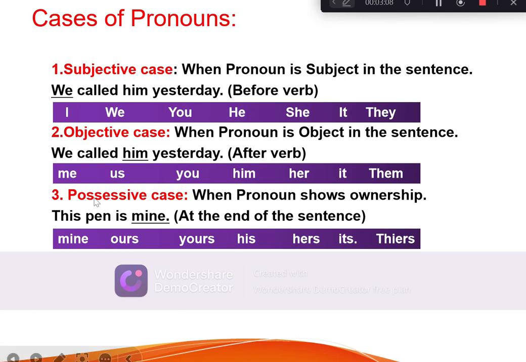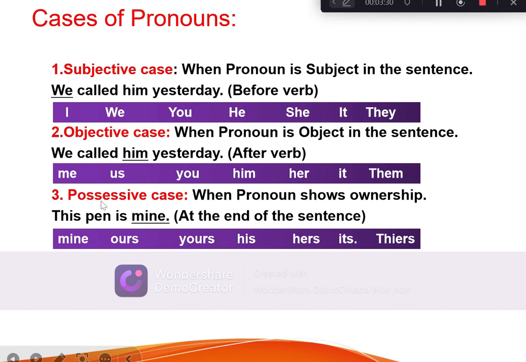And possessive case. Possessive case pronouns are those pronouns which show us the ownership. Look here at the sentence, this pen is mine. Mine is a word that is used as a possessive pronoun in the sentence that shows the ownership of the pen.